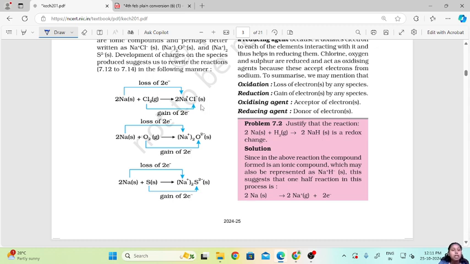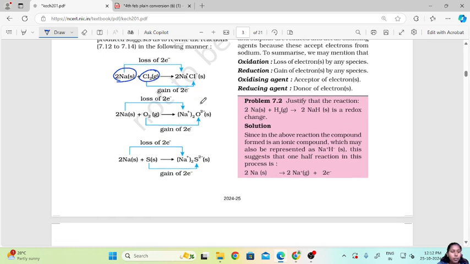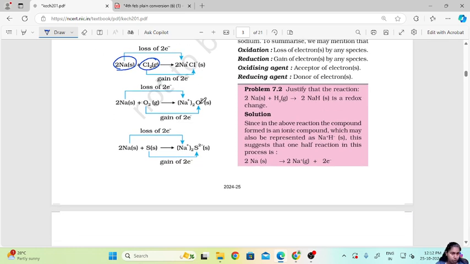So this is a kind of redox reaction. You are losing electrons and you are gaining electrons. As I told you initially, loss of electrons is oxidation, whereas gain of electrons is reduction. So here sodium is oxidized, whereas chlorine is reduced. Similarly for other elements, all of them are losing and gaining electrons.